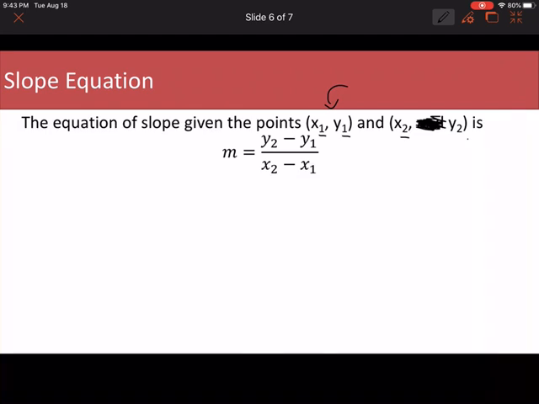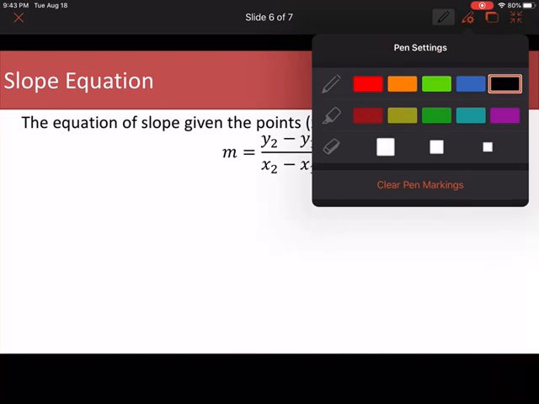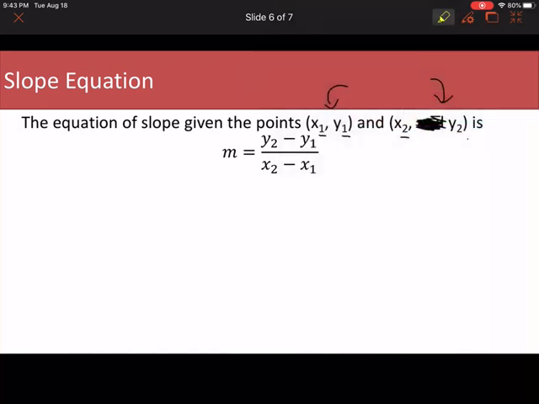This one just means second point. That's what the 2 means. It doesn't really matter which point comes first. But what matters is if you do this point first, they must match that way.